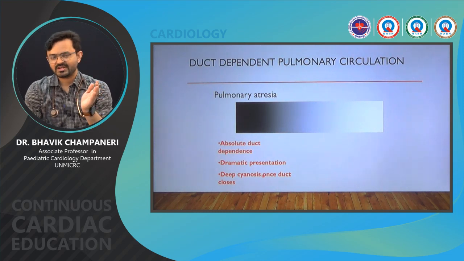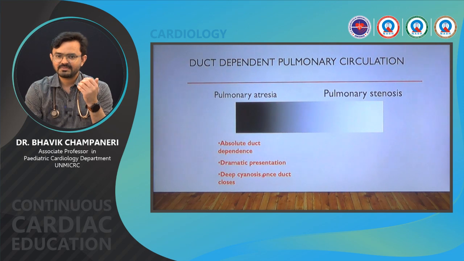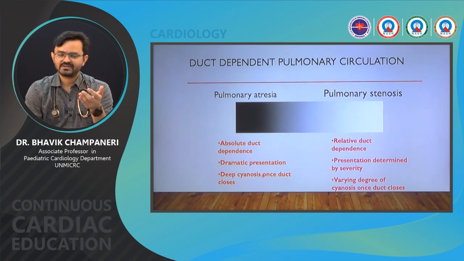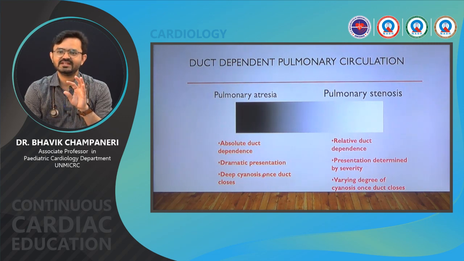A milder variety of duct dependent pulmonary circulation is pulmonary stenosis. It's not absolutely duct dependent because there is some degree of antegrade flow across the pulmonary valve, so they may be relatively duct dependent. Once the duct closes, there may be varying degrees of cyanosis, and presentation is determined by the severity of pulmonary stenosis.